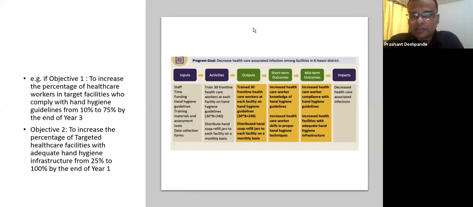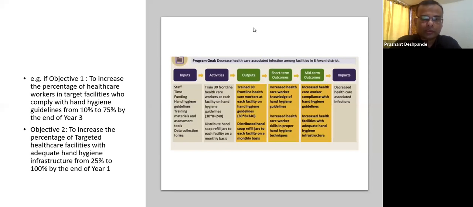And then increase healthcare worker skills in proper hand hygiene techniques. So after knowledge, we are talking about skills. So will it go under objective 1 or 2? Now if the skills are better, then the healthcare worker compliance will be more.